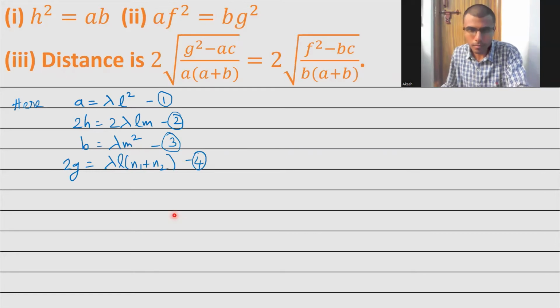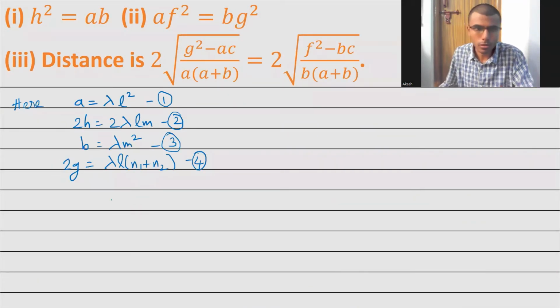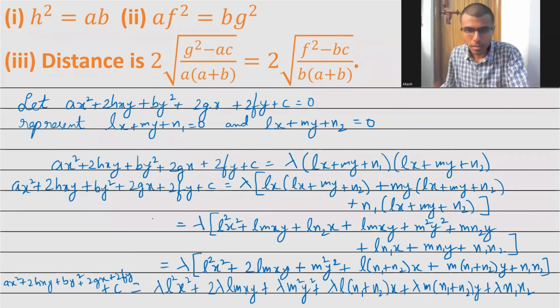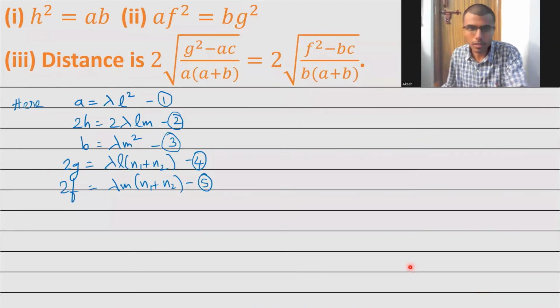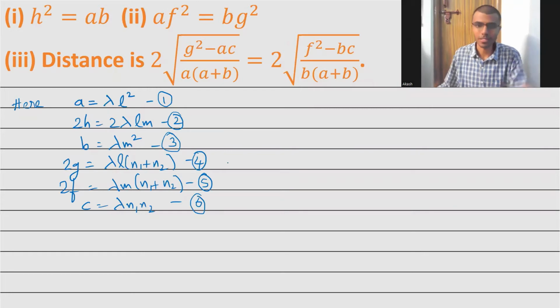Now, 2f is nothing but lambda m into n1 plus n2. This is a very important step, guys, so you need to be focused here. Now my constant c is nothing but lambda n1 n2. This is my equation 6.